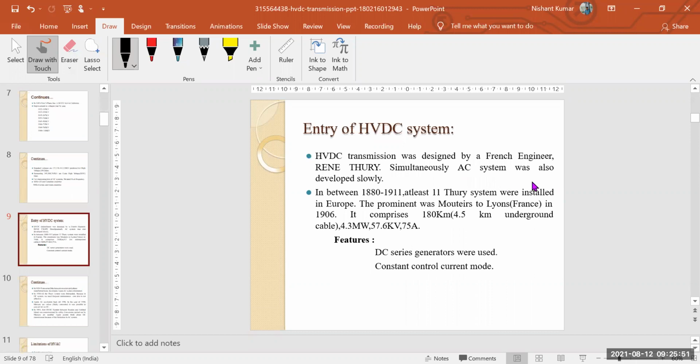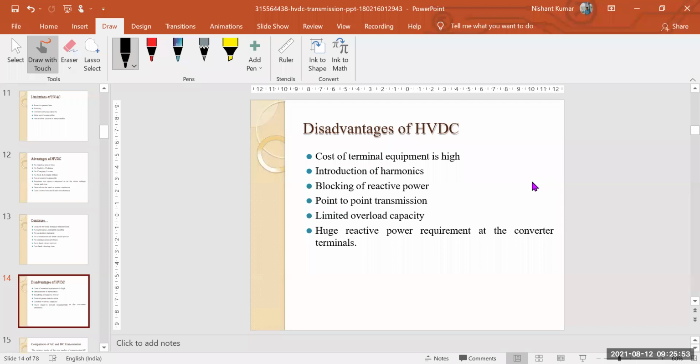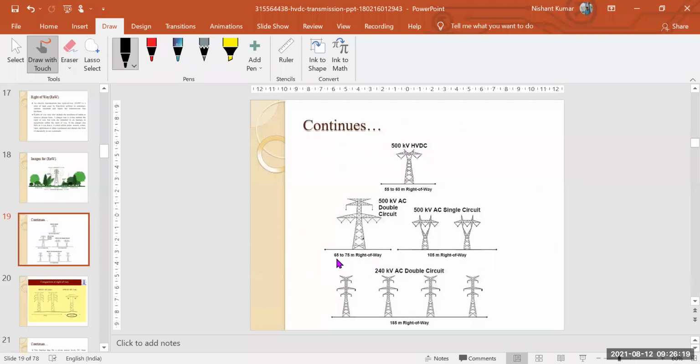We have studied this disadvantage comparison, the economic side of right of way. See the structure of this 500 kV HVDC: 55 to 60 meter right of way in the entire area. The same 500 kV AC needs 65 to 75 meter, and 500 kV AC as a single unit is 105 meter.